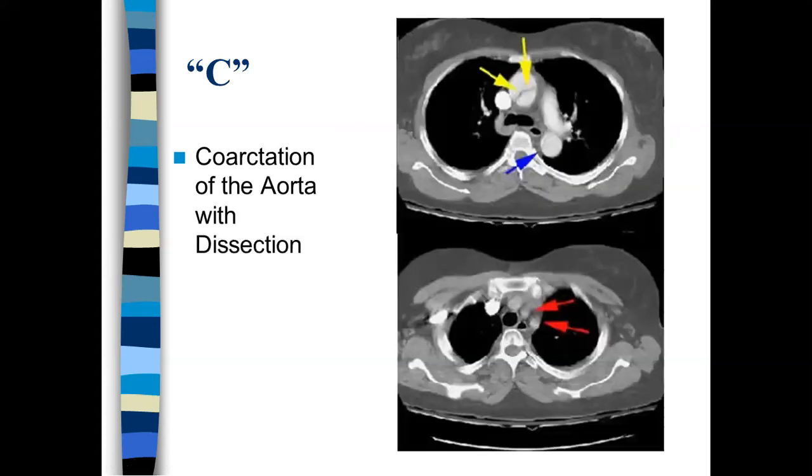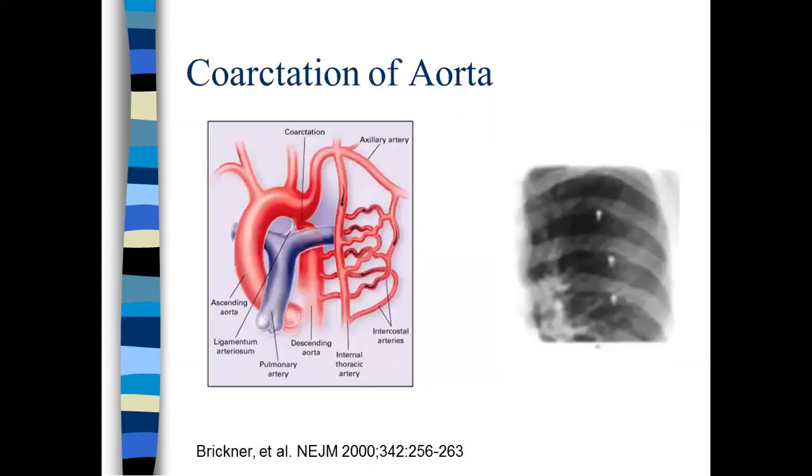And these patients with coarctation usually present with claudication pain in the lower limbs, and if they are above the age of 18, the intercostal arteries will indent the ribs in the X-ray, as you can see the rib indentation here.